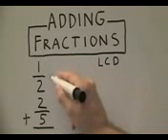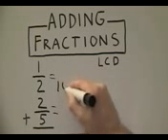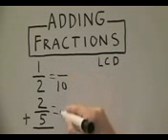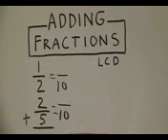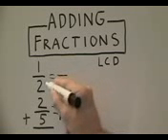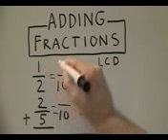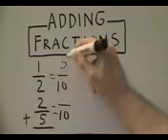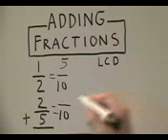Once we have our LCD, we can go ahead and make it the denominator for both fractions. Next, we take the 10 divided by the 2 to get 5. Take that 5, multiply it by 1 to get 5, and that will become our numerator for the top fraction.